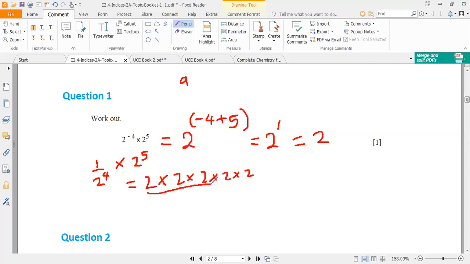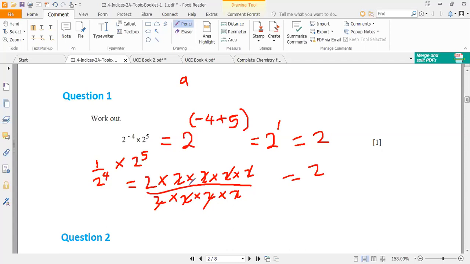Divided by 2 multiplied 4 times, 2 times 2 times 2 times 2. Then you'd start crossing one by one, and you end up remaining with 2.